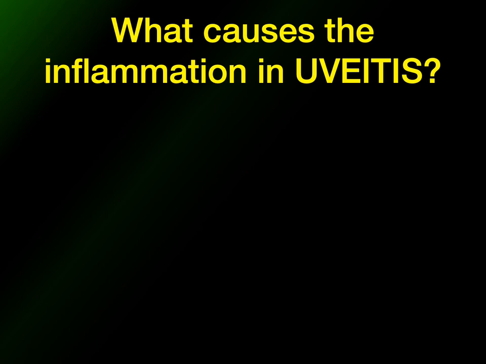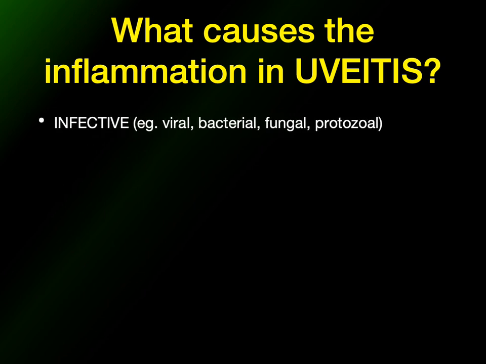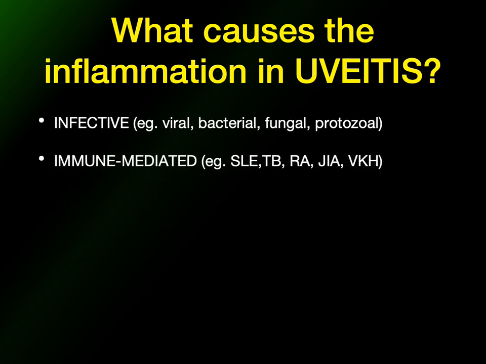So, why does the uvea get inflamed? What causes the inflammation? There are many underlying causes of uveitis. Some can be due to microbial infection like HIV, herpes, syphilis, and toxocariasis.